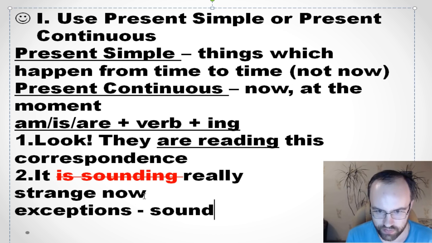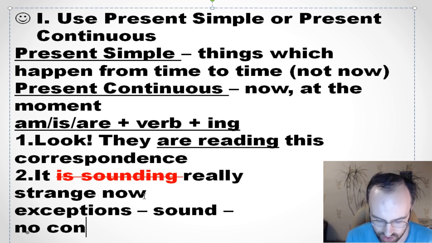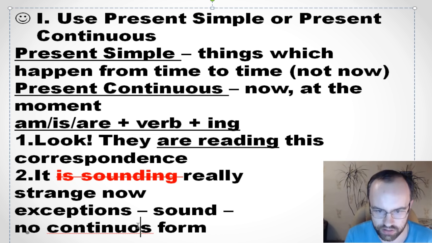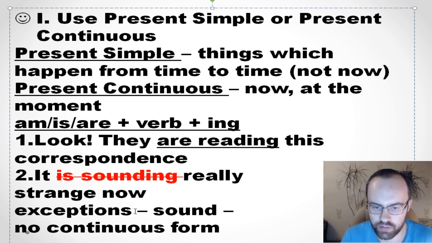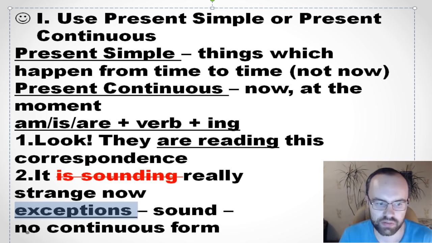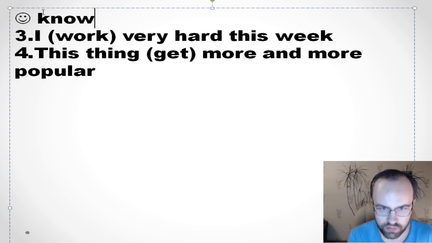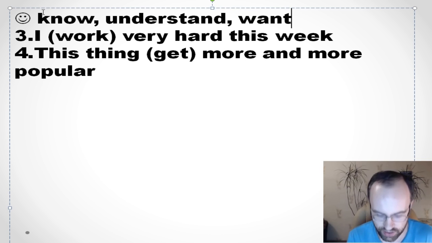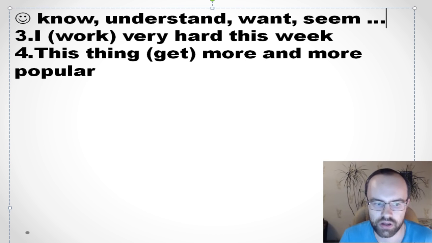So sound, the verb sound doesn't have a continuous form. You know that there are some verbs in English which don't have a continuous form, like know, understand, want, and seem is one of these verbs.